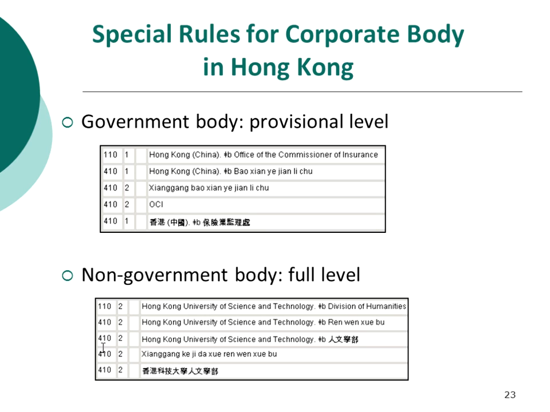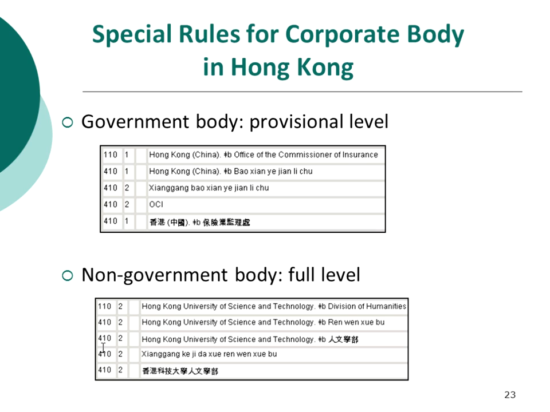Now come down to the non-government bodies. All non-government bodies in Hong Kong are established at the full level. If you look at the 110 here and the rest of the 410, yes indeed, both official language forms are available. And again, we choose the English form as the heading form under 110.